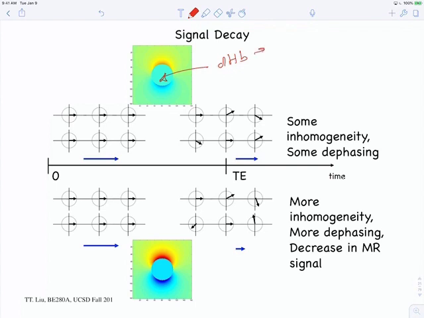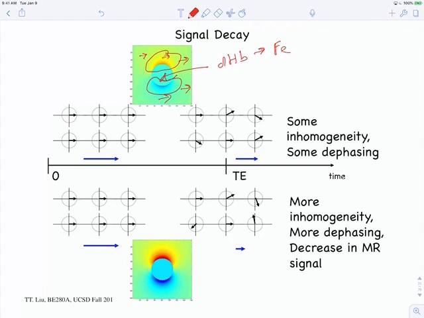In deoxyhemoglobin, at the center of the molecule, there's iron, so there's a magnetic substance flowing in you all the time. The deoxyhemoglobin is a magnetic substance in the presence of this big magnetic field, so it's going to perturb the magnetic field around it. That leads to field inhomogeneities around the blood vessels. If I look at different spins at different locations, they are going to undergo different amounts of dephasing because they're experiencing different fields.